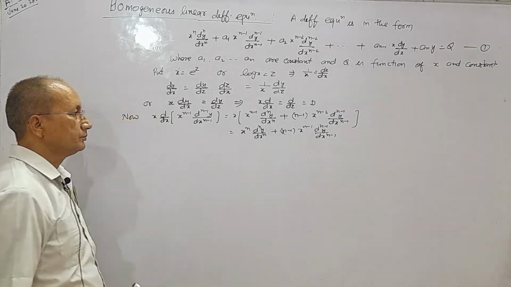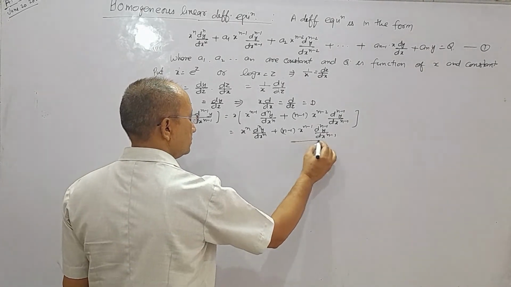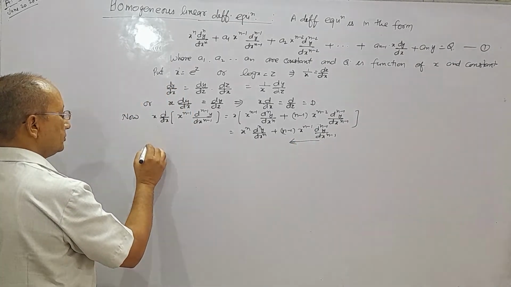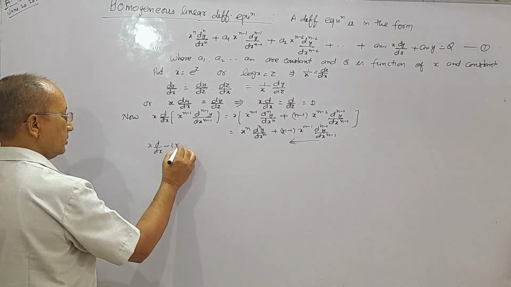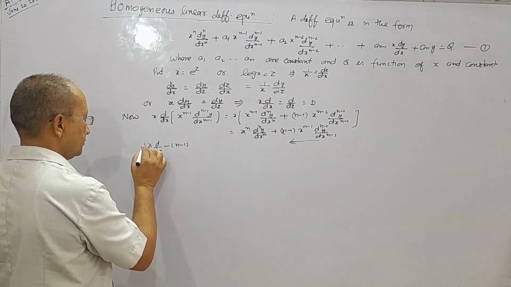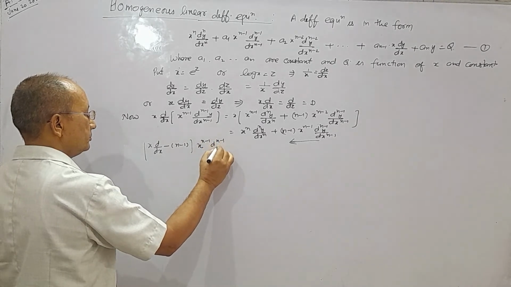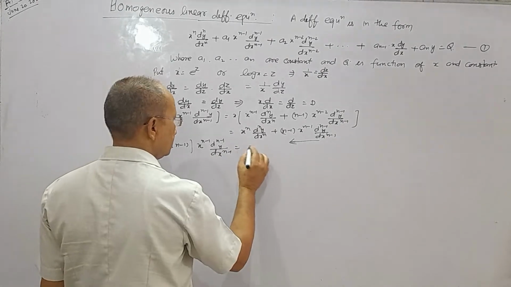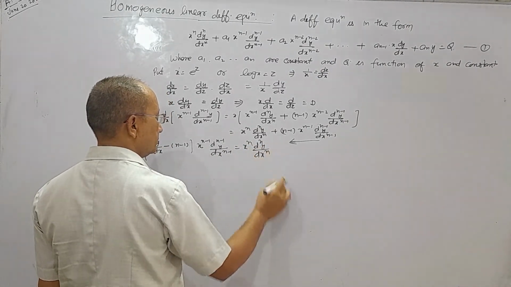Right, students? And so x d upon dx minus n minus 1 into x to the power n minus 1 d^(n-1) y upon dx^(n-1) equals x to the power n d^n y upon dx^n.